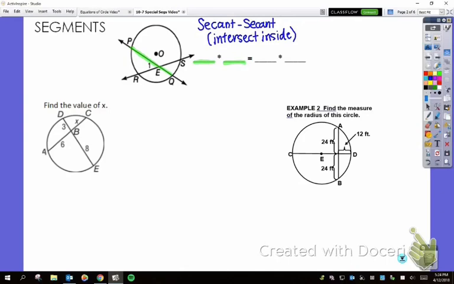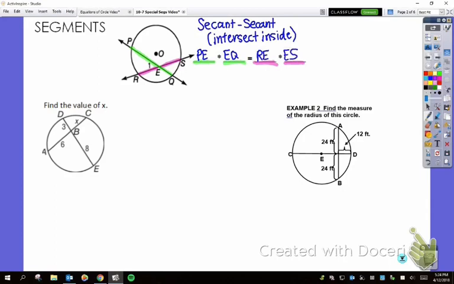So we have PE times EQ equals our other part, part times part, which comes from our other line: this part, RE, times this part, ES, which I'm going to put in the pink highlighting. So RE times ES.